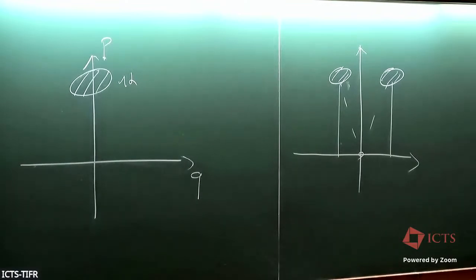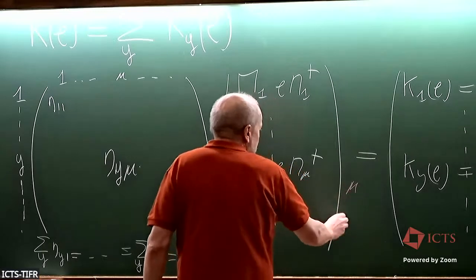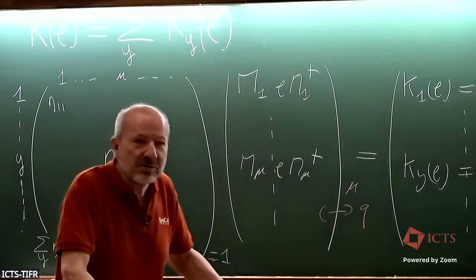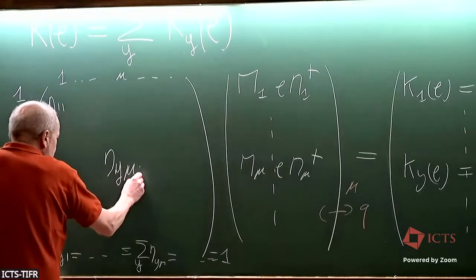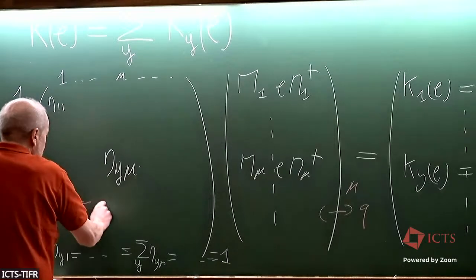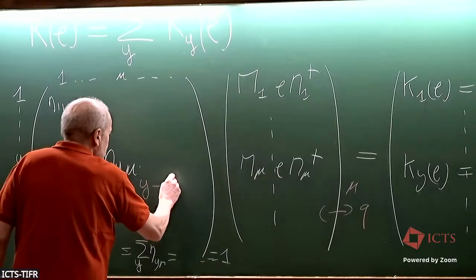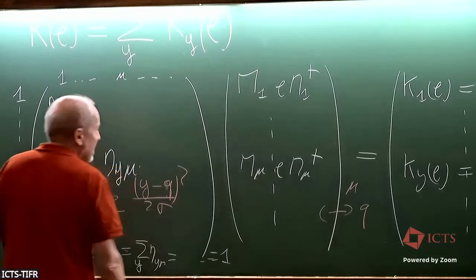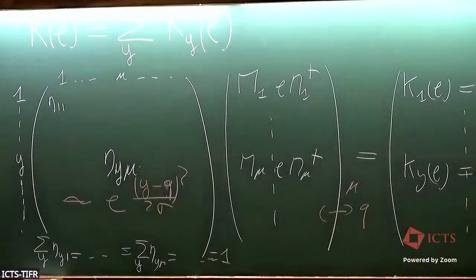So what you do, mu becomes Q, the true measurement, and Y remains Y, and this guy is replaced by the exponential of minus Y minus Q squared over 2 sigma, over sigma.